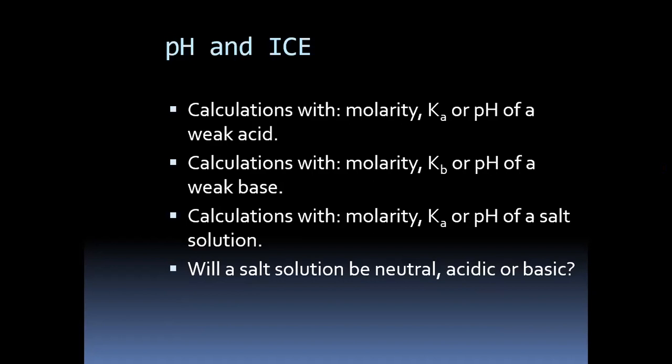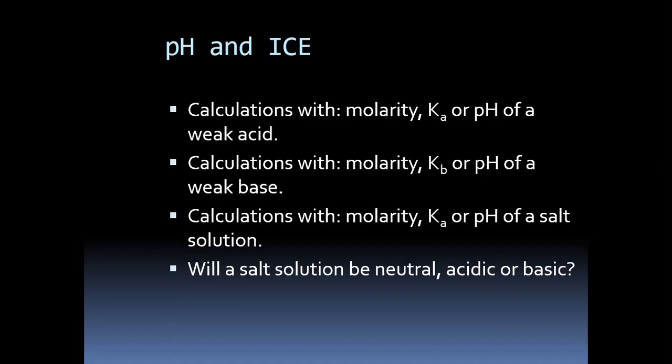Don't forget salt solutions. Whenever your salt contains an ion, whether it's the cation or the anion, and they represent conjugates of a weak acid or base, they're going to hydrolyze. And again, you use ice tables to calculate what would be the pH of the resulting solution, all right?